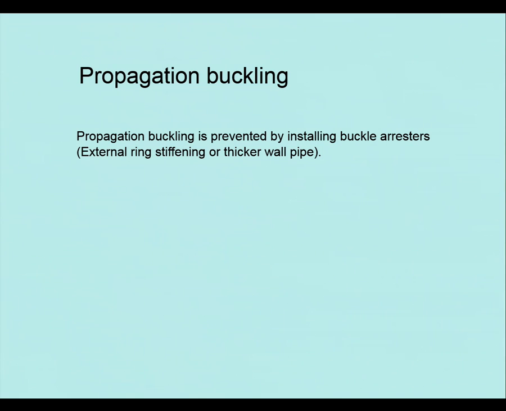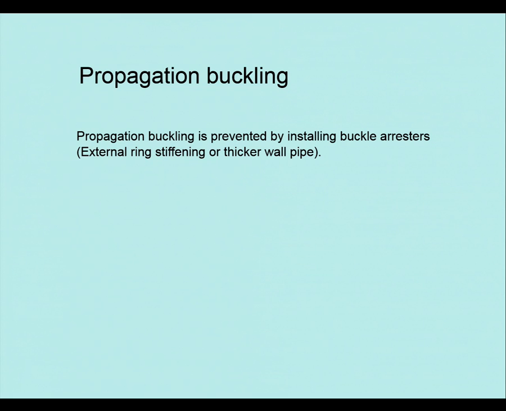So what it's going to do is this. So I thicken this to stop buckle propagation, but I can make it so I fail by bending more critically by putting that in. So this is what's called fractional discontinuity.